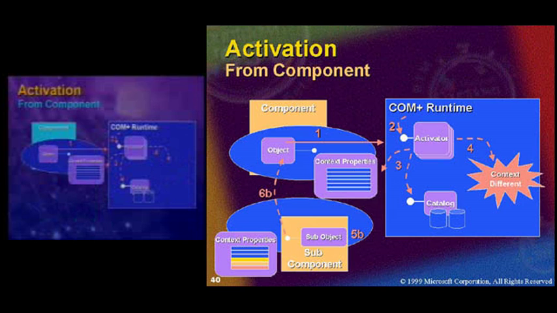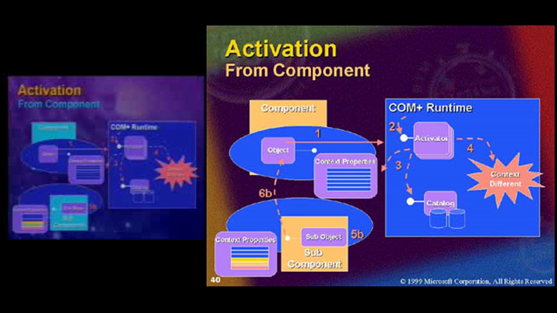If, on the other hand, the context properties are different, then we have to go look and see whether there's an existing context that has the properties that were set in the prototype context. If we find a context that fits the bill, we'll use that and create the new object in that context. If not, we need to do the work to create a context that has the appropriate properties. Once the context is found, we can load the component, create the object, and return the interface pointer.